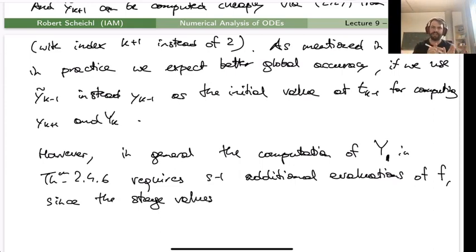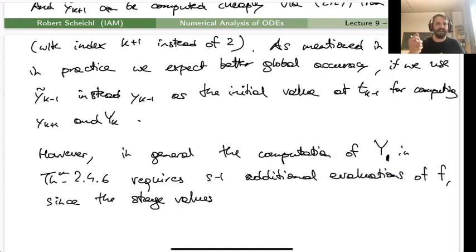So if we're taking, for example, time steps at a half and full at the full point, then of course the method that takes two small time steps has the same stage values, or the stage values for that method include the points for the one which takes only one big time step.